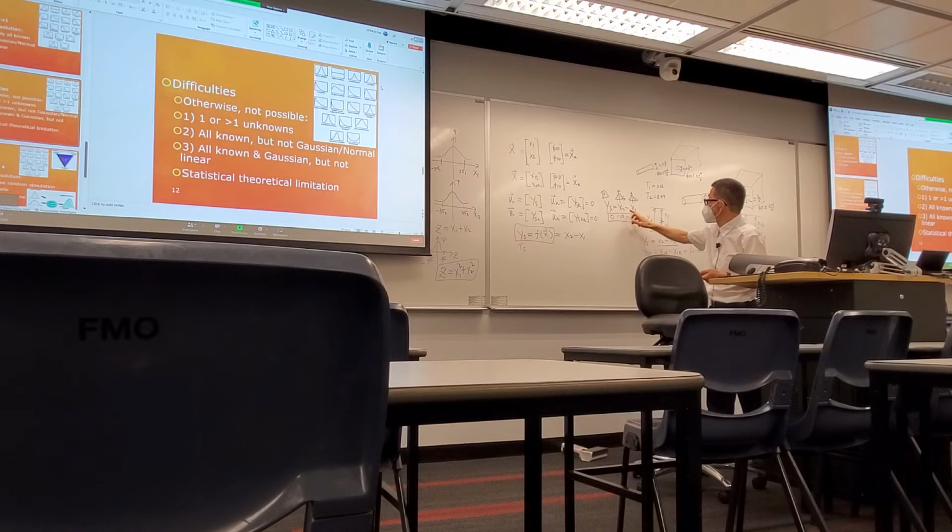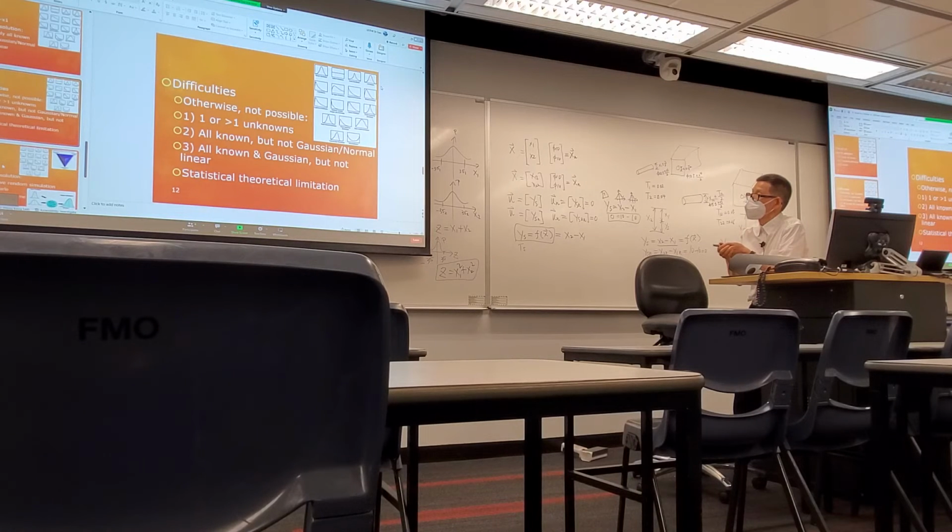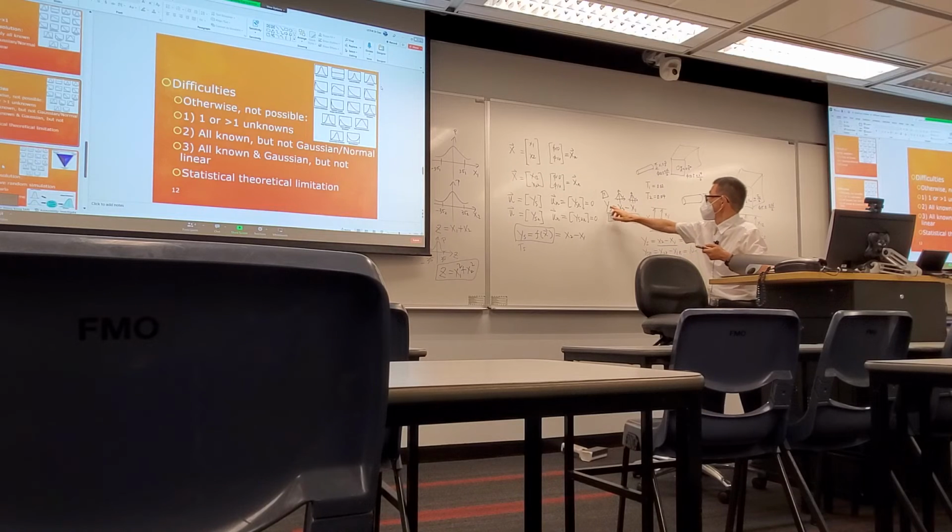And also they must be linear. So there are so many limitations, because we do not know this result. Why is it so? Because there is a statistical theoretical limitation. No progress from statistics theory over the past many years.